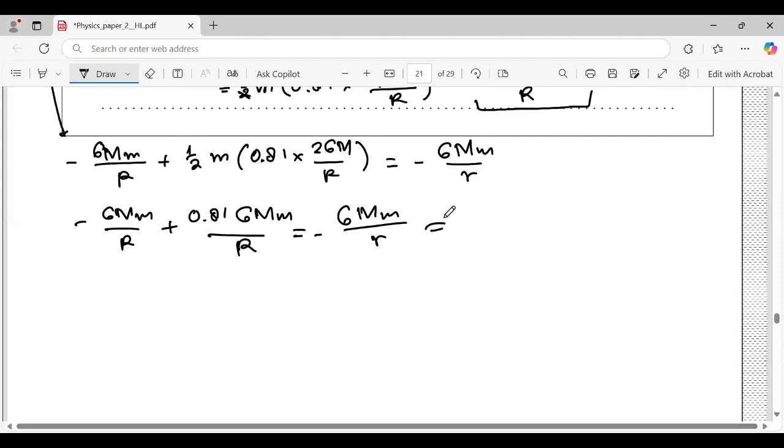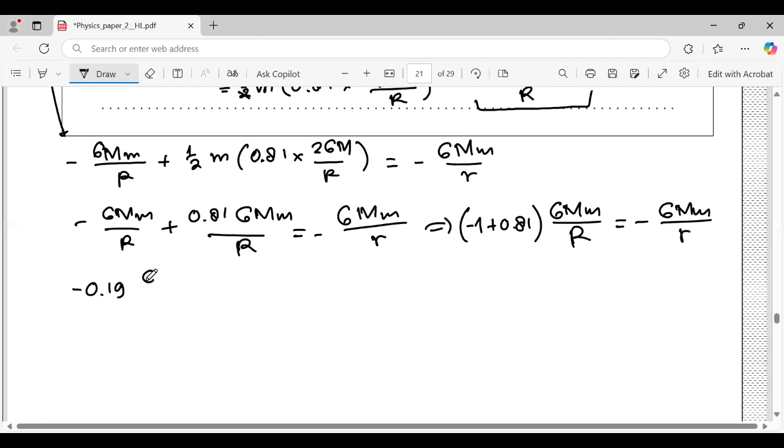So it's going to be minus 1 plus 0.81, times GMm, factorize minus GMm over R. This is minus 0.19 GMm over R equals minus GMm over r. So minus and minus becomes positive.